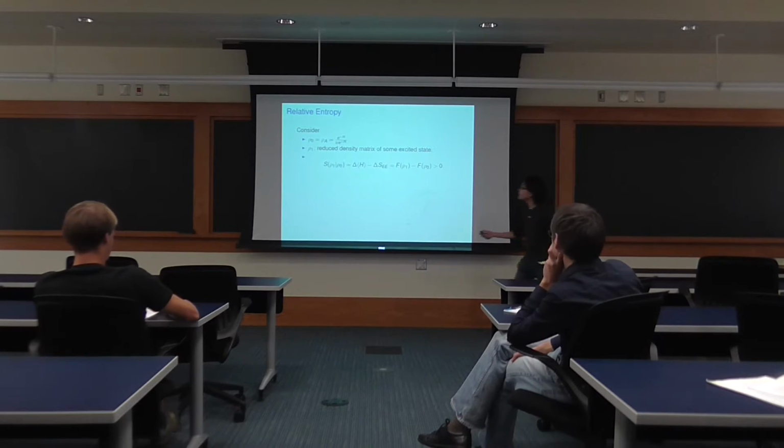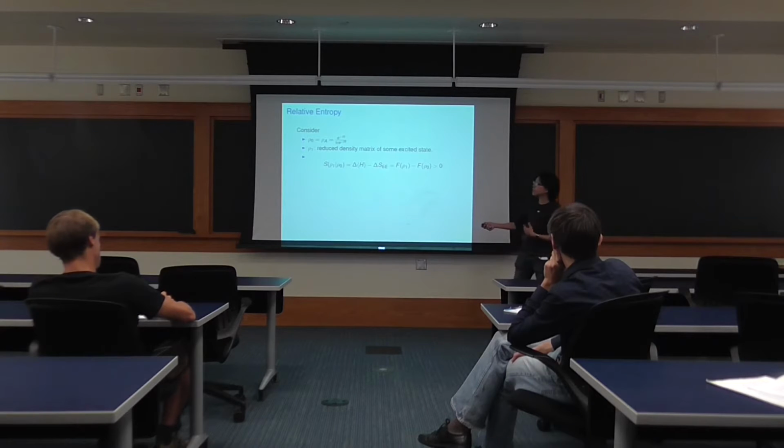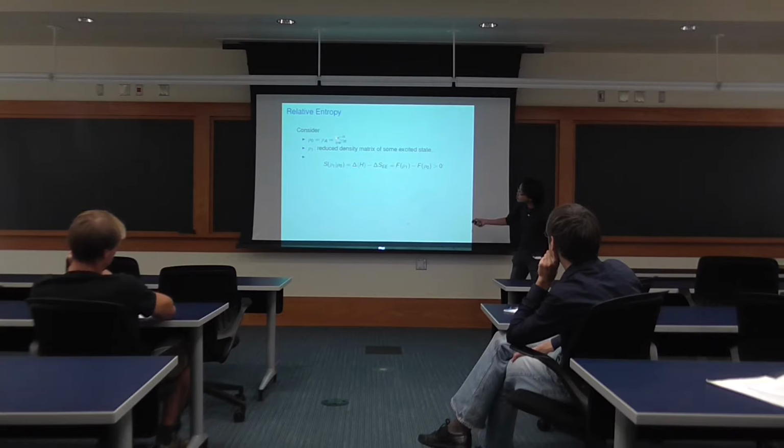So now with the knowledge of the form of ρA in terms of the modular Hamiltonian, we could plug it into the formula, and it simply reduces to this form. What is that? That is the difference in the expectation value of the modular Hamiltonian between these two density matrices, subtracted by the difference in entropy evaluated on these two matrices.